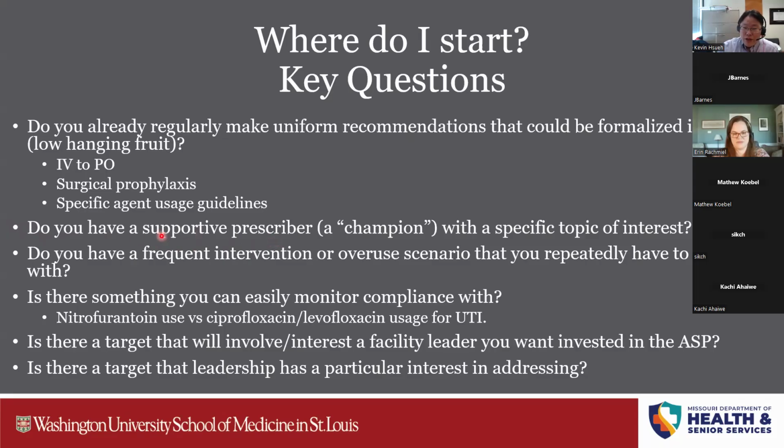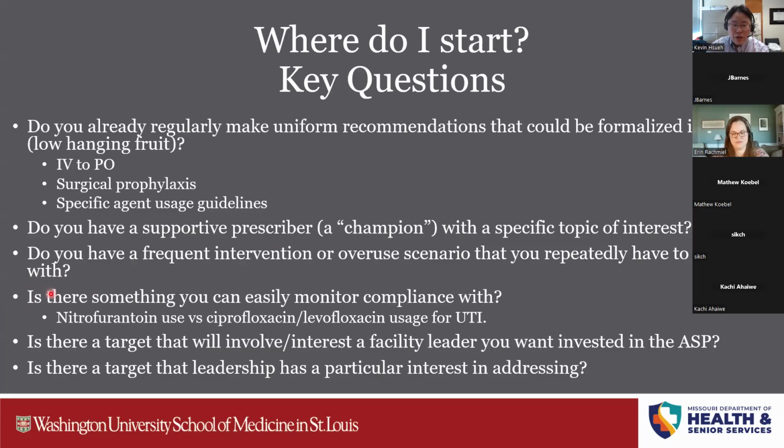Do you have frequent interventions or overuse scenarios that we repeatedly have to deal with? If you're going to choose something, might as well choose something that you have to deal with on a frequent basis. People have mentioned things like soft tissue ulcers. How do you deal with those? That's to identify what low-hanging fruit there is.